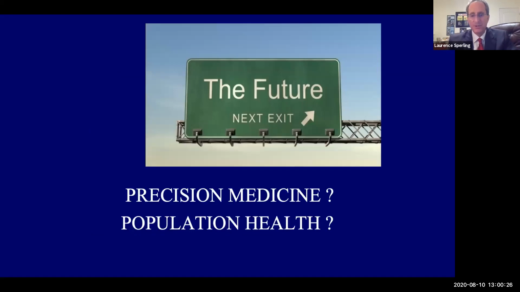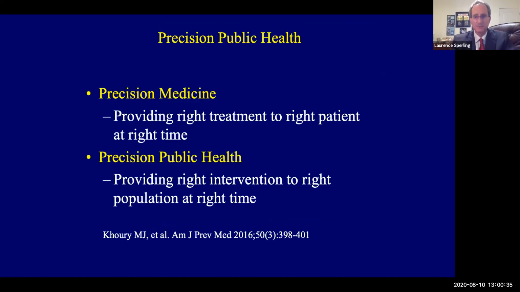So what about the future? Will it be precision medicine or will it be population health? The next slide. Well, really, we will have the science to deliver precision medicine, but we will certainly need to think about cost effectiveness.